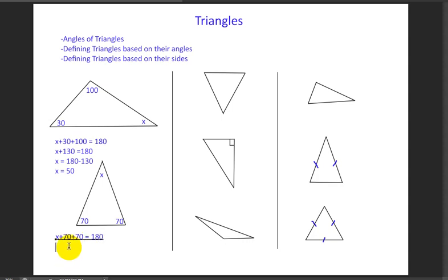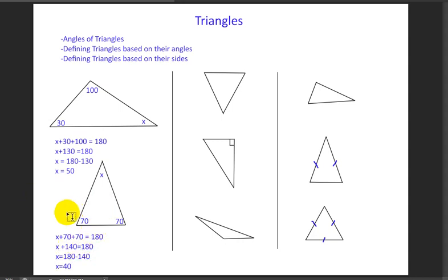So 70 plus 70 makes 140. So x plus 140 needs to be equal to 180. Subtracting 140 from both sides, I get that x is equal to 180 minus 140. Therefore, x is equal to 40.